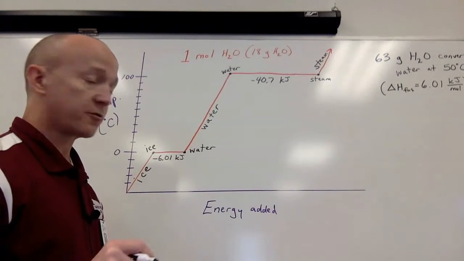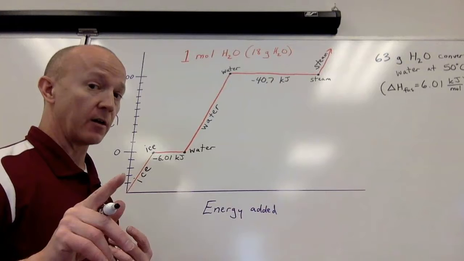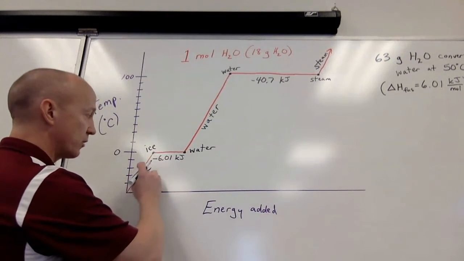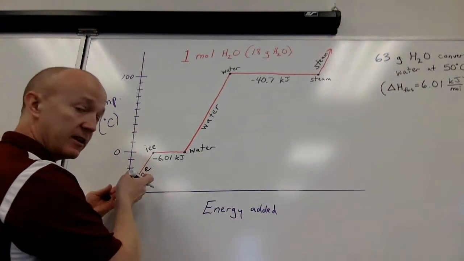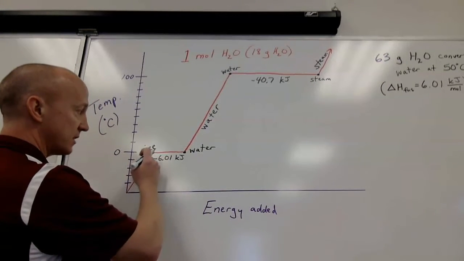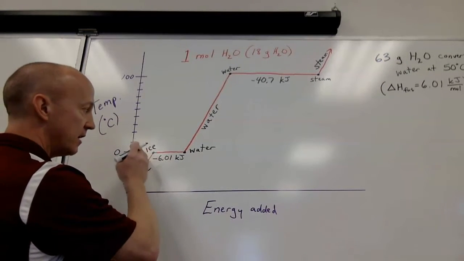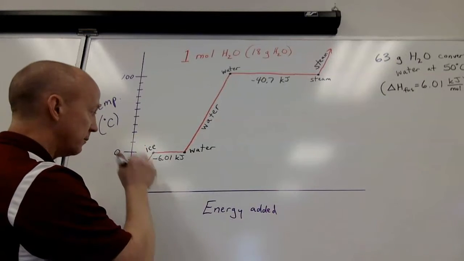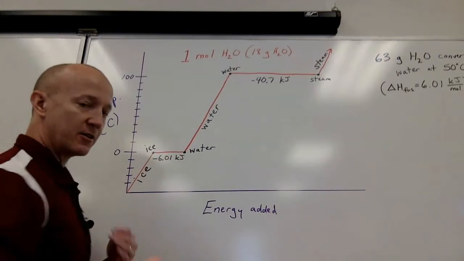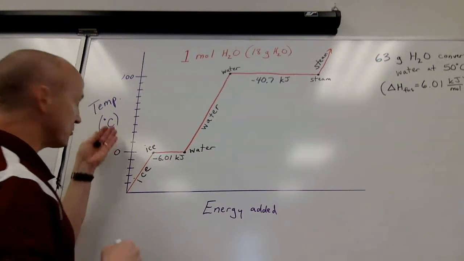By the way, let's talk for a second about why we have to break it down. We see here the gradual increase as we're heating the ice, as we're adding energy to the ice. The temperature keeps rising to a point, and then we have melting. But notice that during the melting process, there is no change in temperature.